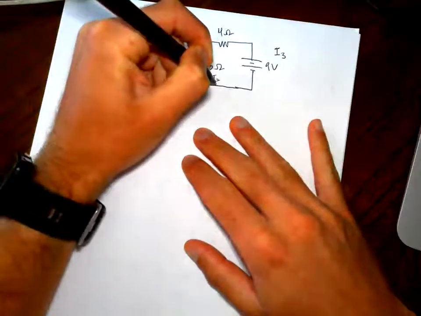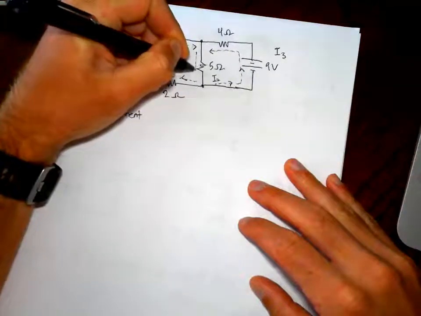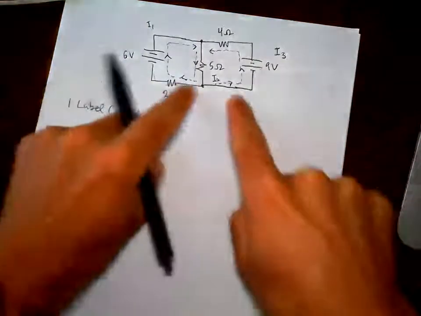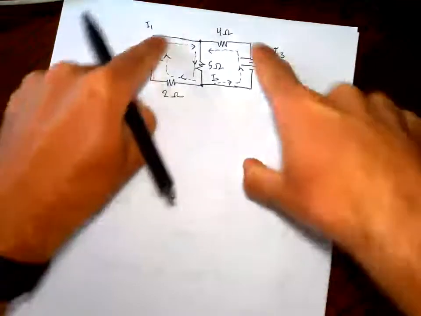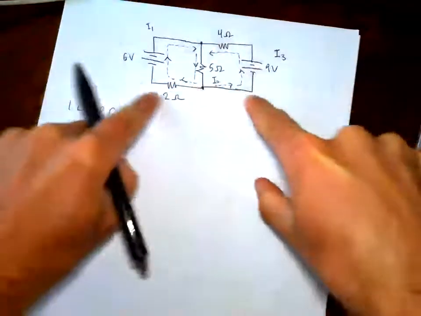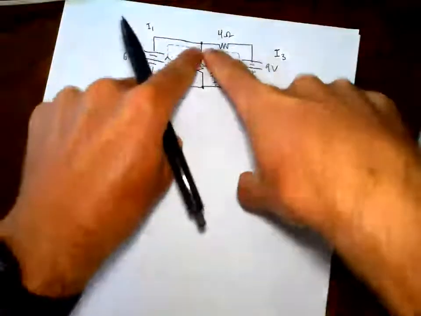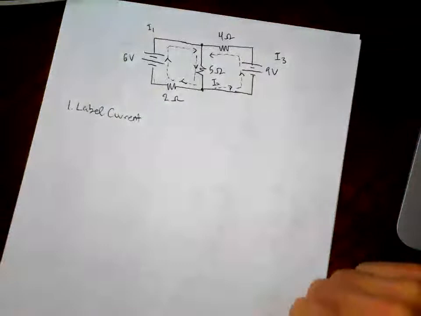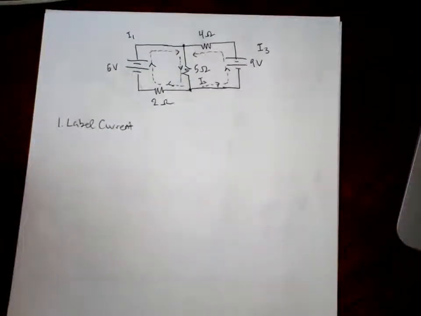I'm going to guess that I3 is over here, and that I2 is going down like that. So basically what I'm assuming is that the currents are going like this. So these currents are kind of coming together and joining and making that current. Again, I cannot stress enough, it does not matter if your guess is wrong. Okay?